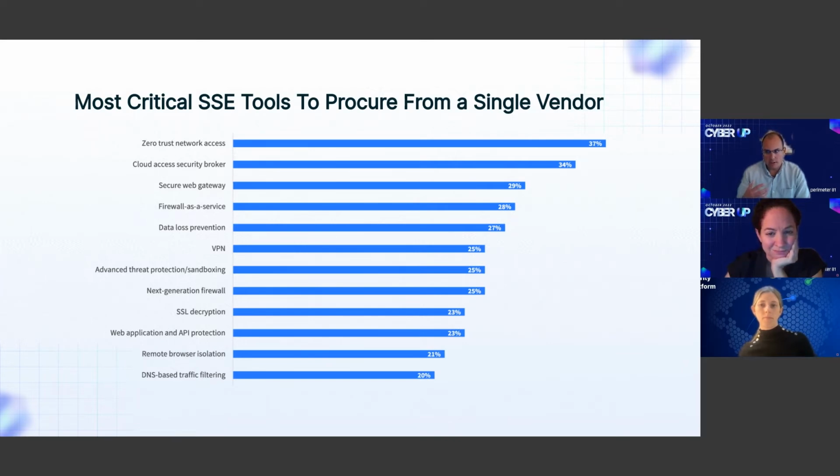And then, I think the logic behind converging protection for enabling secure access to private applications, which is what ZTNA does, public applications or SaaS apps, which is what CASB does, and then the internet more broadly, as Tal mentioned a couple of times in her part of the talk.